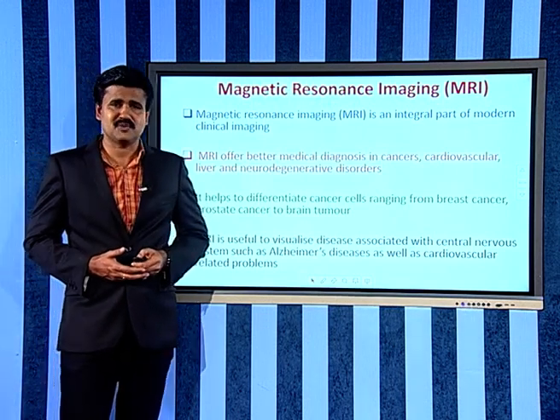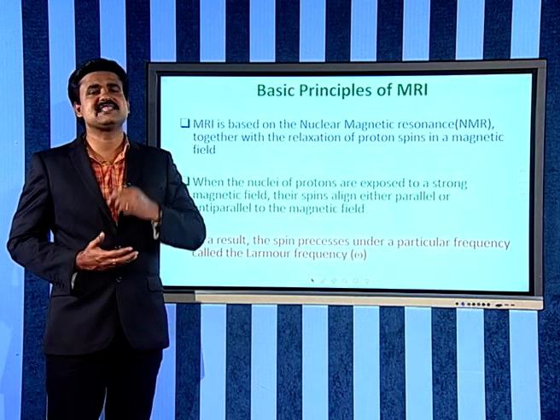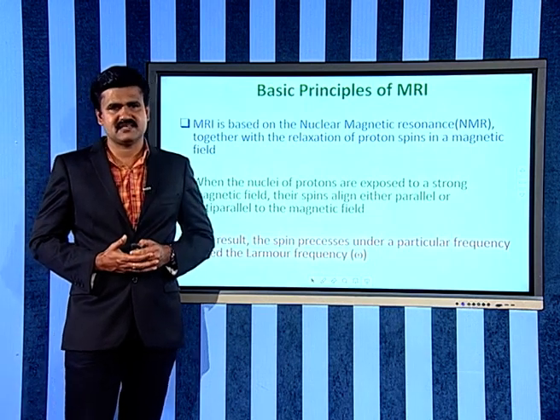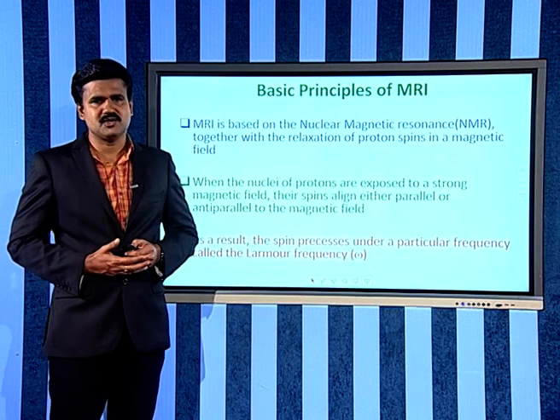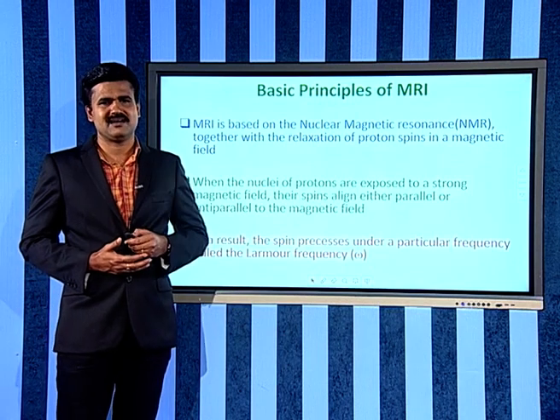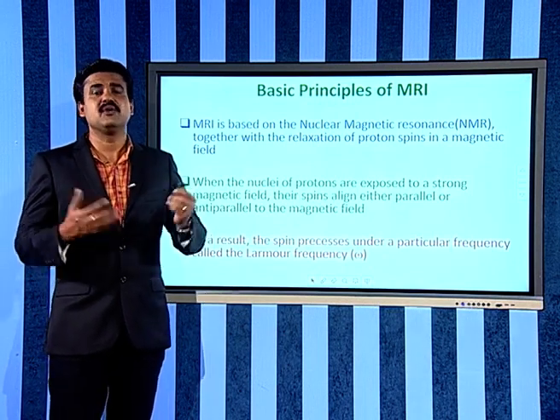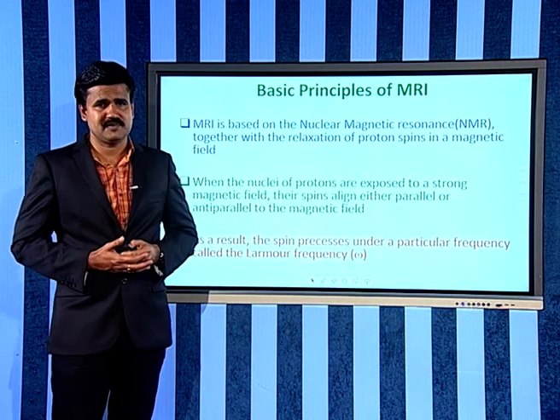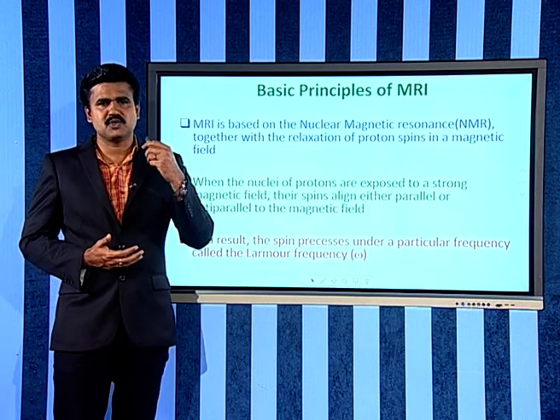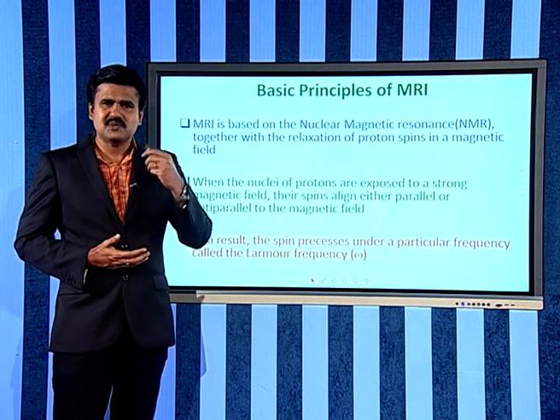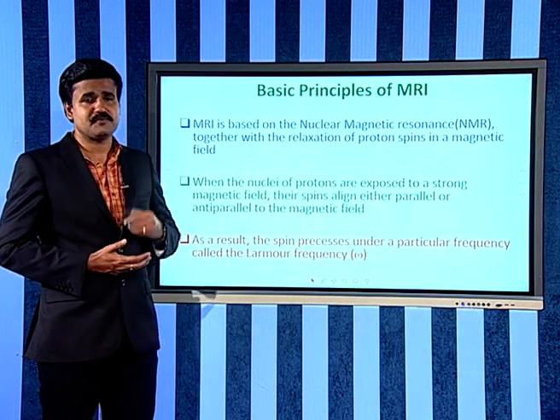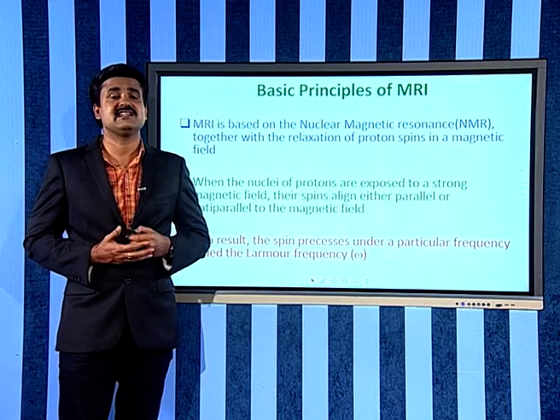as well as cardiovascular related problems. The basic principle of magnetic resonance imaging, MRI, is based on the common NMR, nuclear magnetic resonance. We are all familiar with NMR spectroscopy. MRI is based on NMR together with the relaxation of proton spins in a magnetic field.